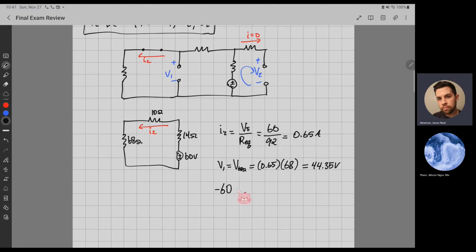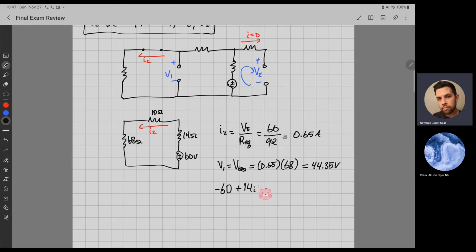So negative 60 plus, and then we've got this 14 ohm resistor right here. Instead of putting it in terms of voltage, let's just say this is 14 times I, which is R times I, the Ohm's law equivalent of that voltage, right?